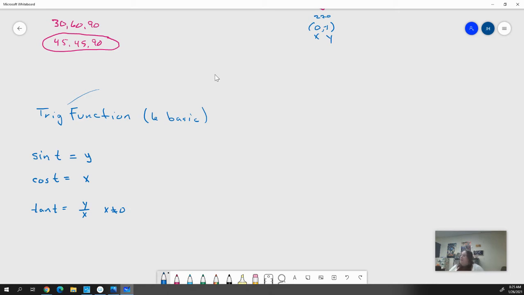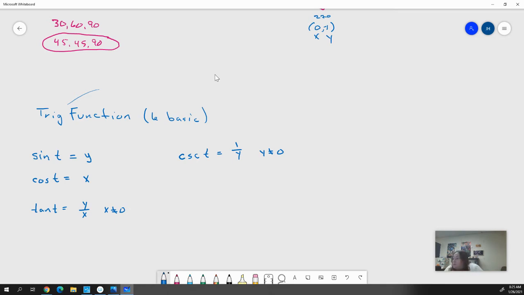The other 3 correspond to the 3 that we have here. So we'd have cosecant, CSC, cosecant of t, which is just 1 over y. Again, y can't equal 0. Why? Because it's in the denominator, and we can't have a denominator of 0.